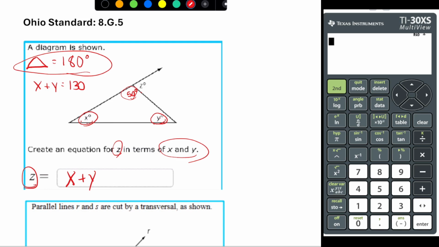We also know that since this angle is supplementary, because it's a straight angle, that z has to equal 130. Because 180 degrees minus 50 means that z has 130.